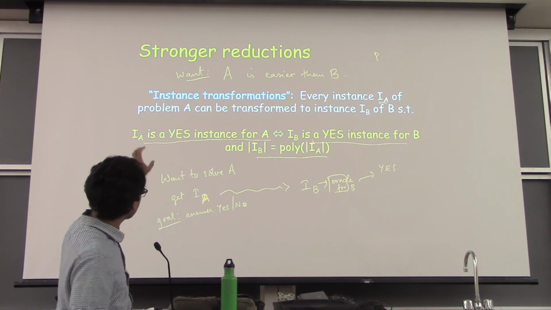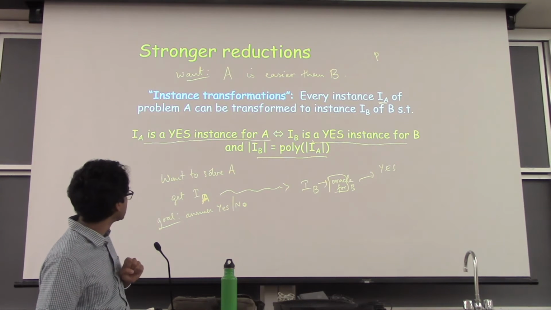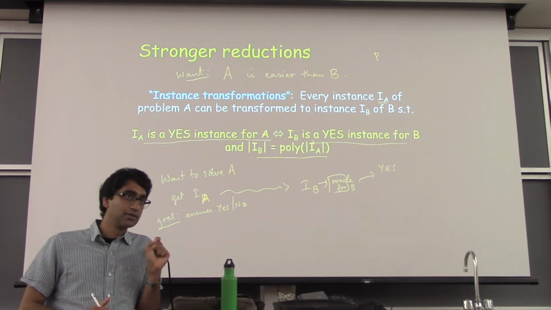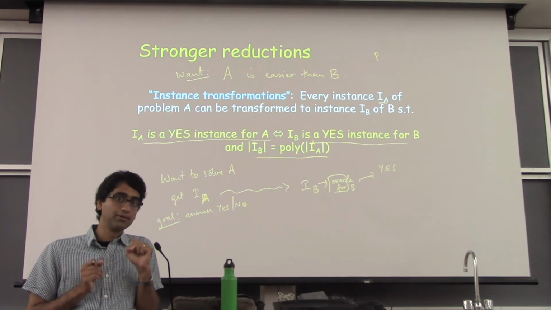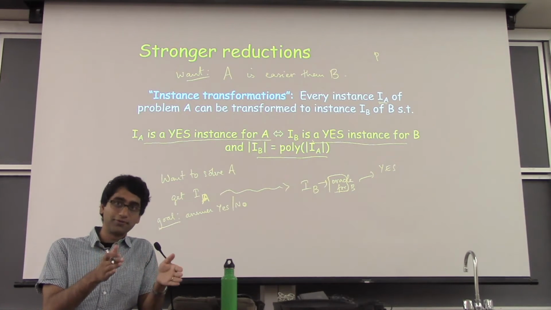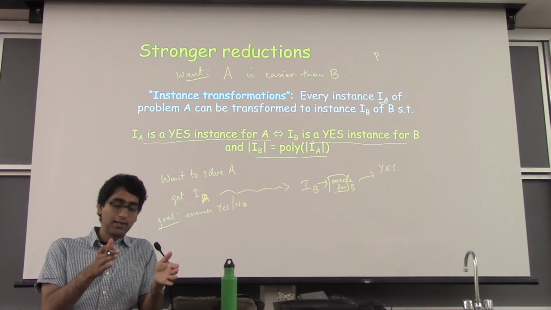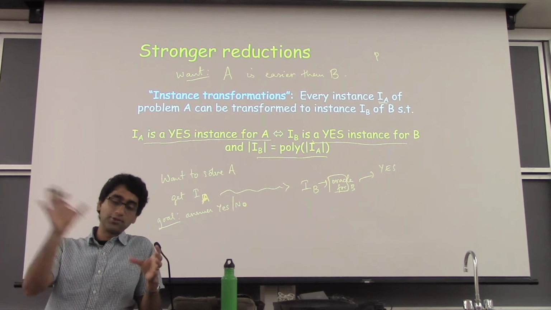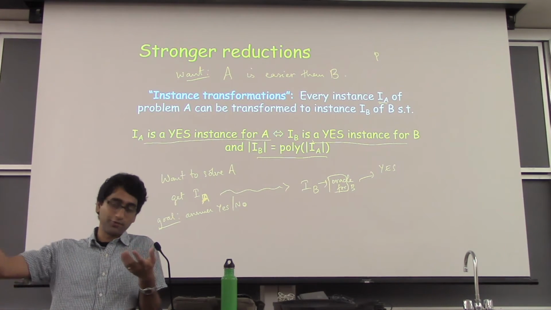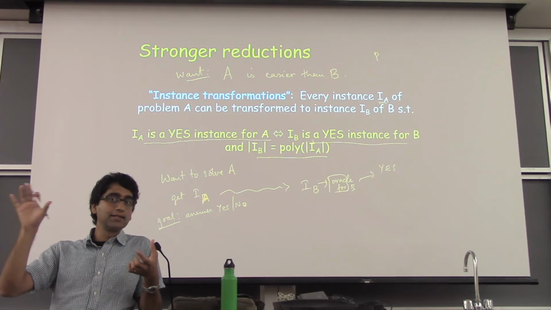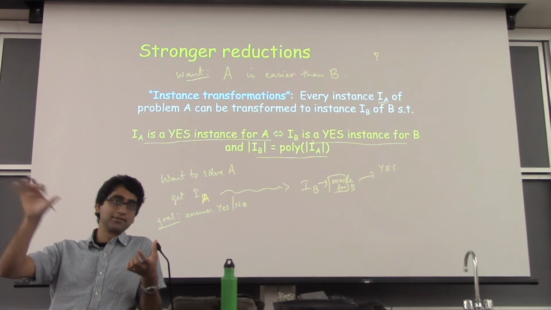But yes, what I want to point out here is that this notion of reduction is different from the previous one, in the sense that here you're taking some instance of the first problem and mapping it to an instance of the new problem, problem B. And you're saying that this is yes if and only if this is yes.